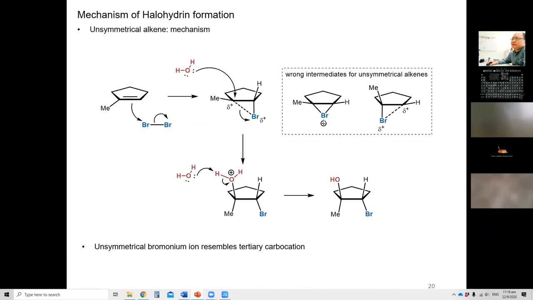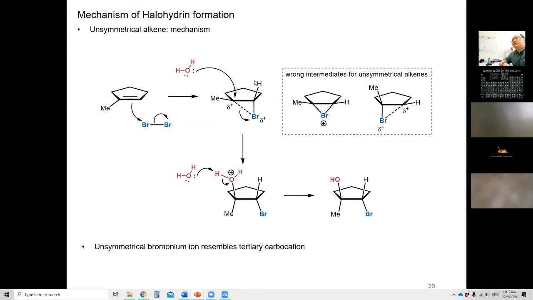It's not like this bond and this bond being the same. No, okay? It's more like an intermediate between the three-membered ring and the carbocation, all right? And because the carbocation has a stability preference, the partial positive charge will be generated at this more crowded carbon, not like here, okay? Apparently this is less stable than this one because the positive charge wants to be stabilized by all the substituents.